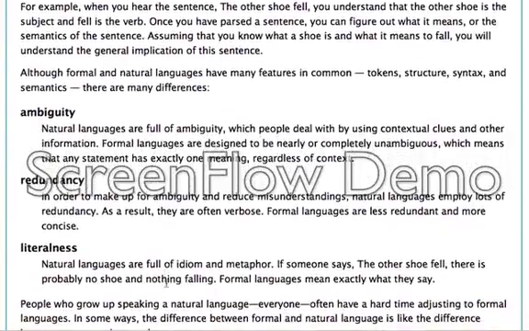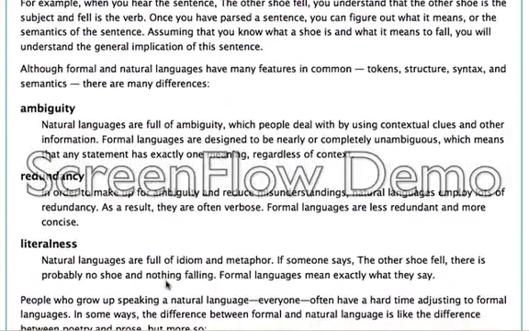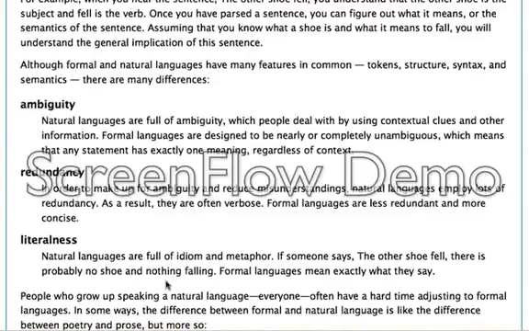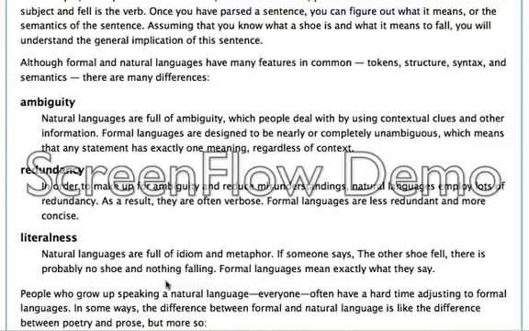Redundancy. In order to make up for ambiguity and reduce misunderstandings, natural languages employ lots of redundancy. As a result, they are often verbose. Formal languages are less redundant and more concise. Literalness. Natural languages are full of idiom and metaphor.